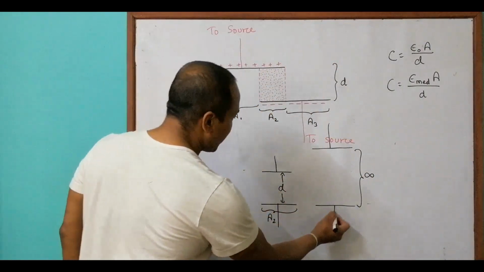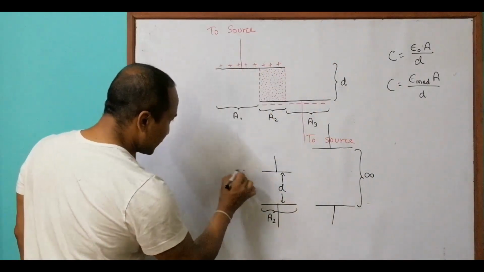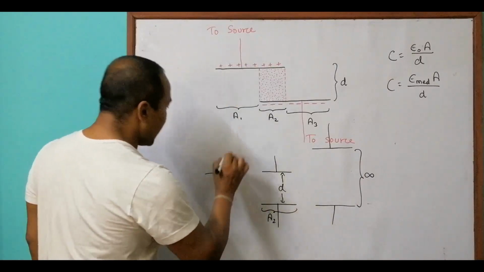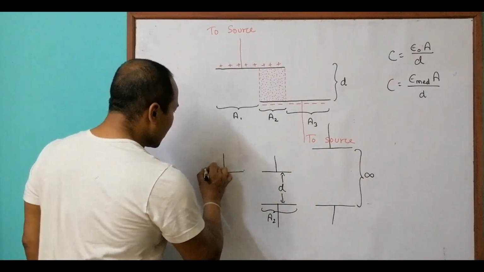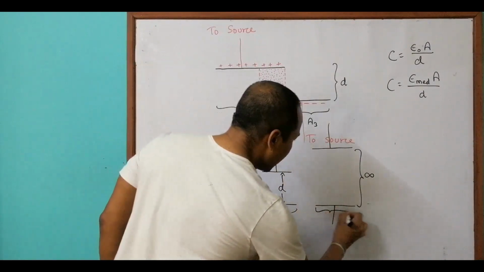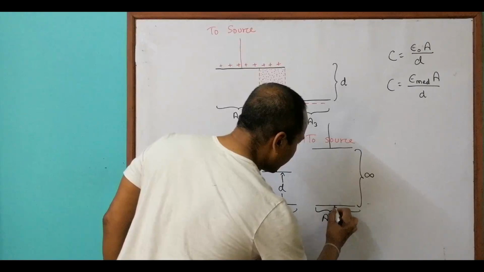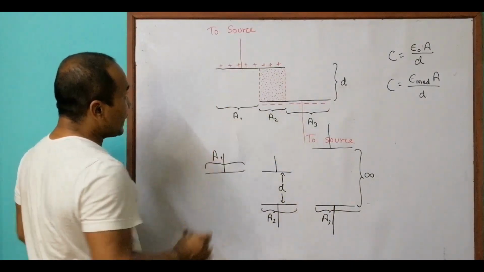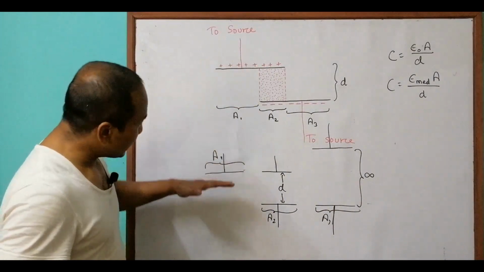This plate has area A1, and this area is A3. We have this plate here, and its other plate, the negative one, is at infinity.